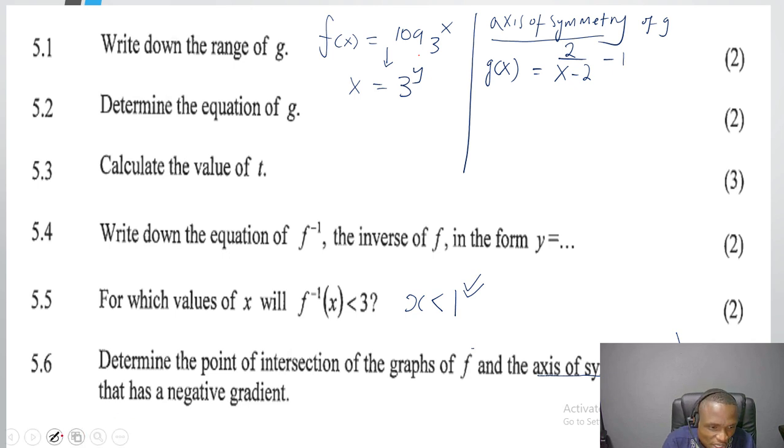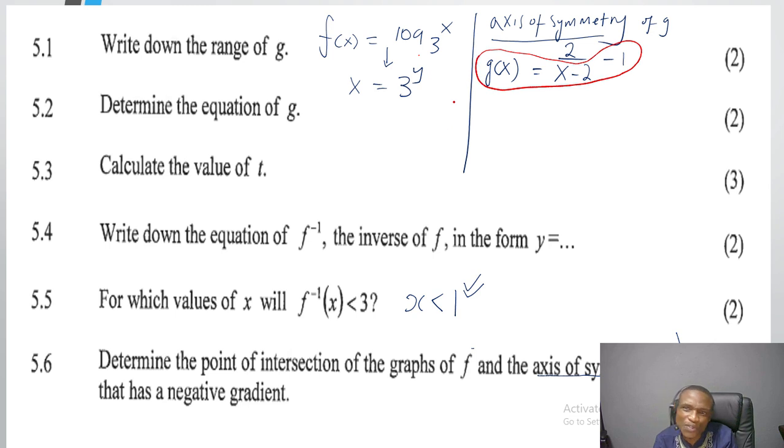Now I will show you the easier method of finding the axis of symmetry of G. If you are in the exam, you can go for the easy approach, as long as you get the job done. So you're going to focus here. You see this part which I've enclosed with the red ink there. I'm going to focus there. I'm going to say g of x is my y equals to this denominator, and I'm going to multiply it by negative.